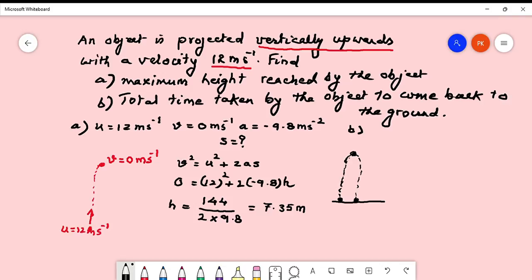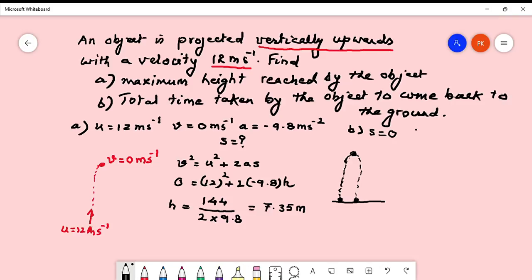How do we define displacement? The shortest distance between the initial and final point. So vertically speaking, from wherever the object has started, it has come back to the same point, and hence vertically the displacement of the object is 0. Okay, because the shortest distance between initial and final point is 0.